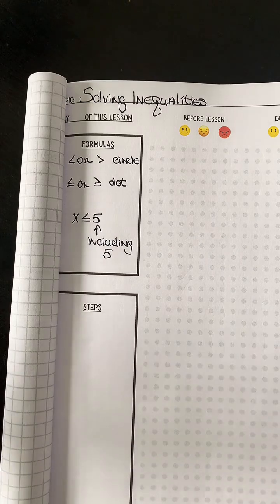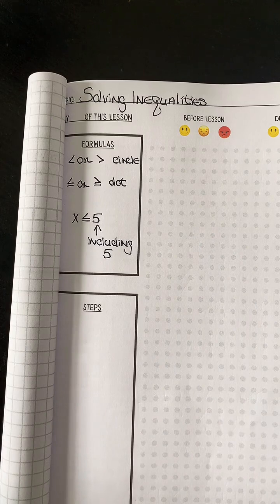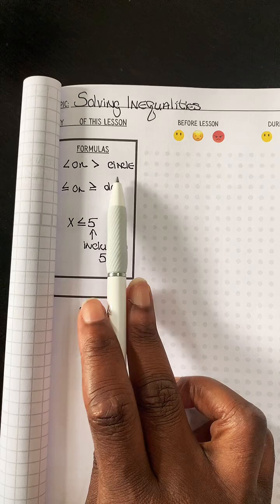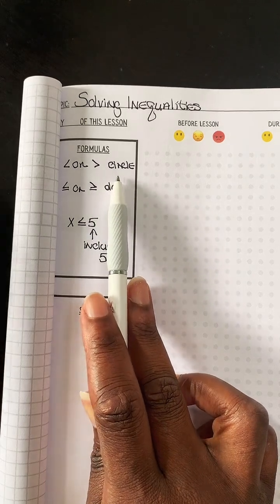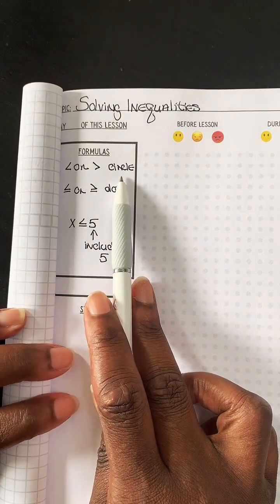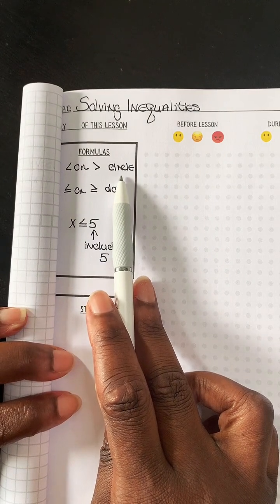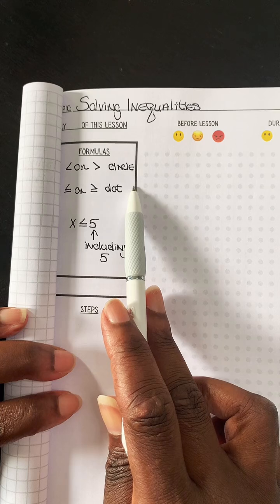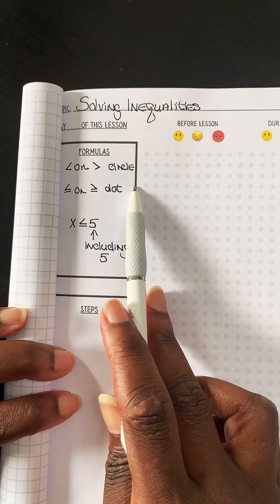So what we're going to do today is do a little bit of solving, do a little bit of graphing, because if it is greater than or less than, you have a circle. We're doing this on a regular number line, okay? We have a circle. I think a lot of people say an open circle. Guys, a circle is open.